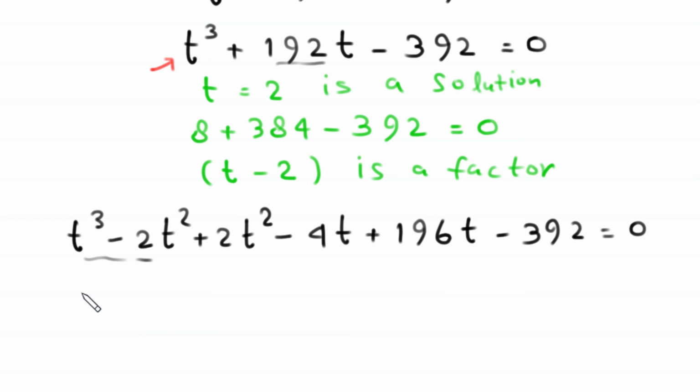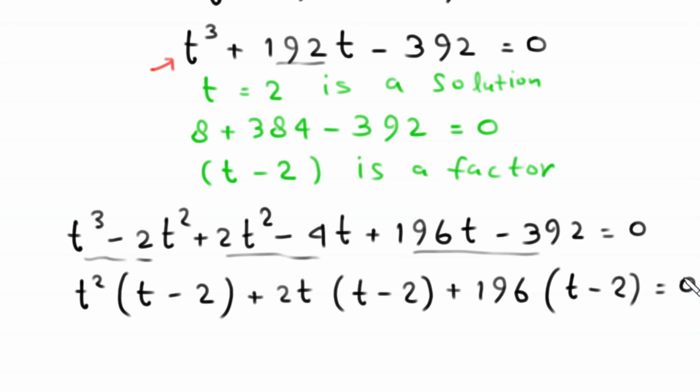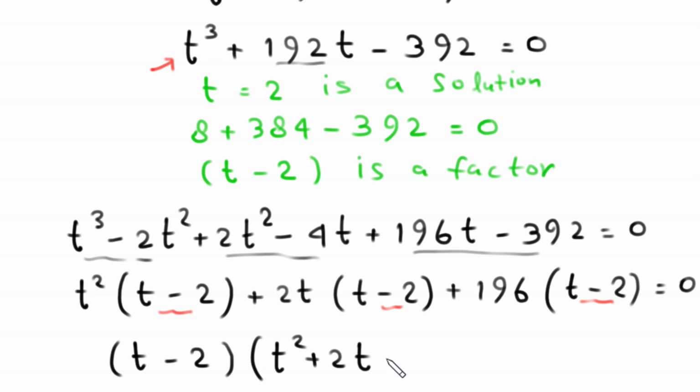From these two terms we can factor out t squared, in bracket t minus 2, and from these two terms we can factor out plus 2 times t, in bracket t minus 2, and from these two terms we can factor out plus 196, in bracket t minus 2 equal to 0. As you can see, this expression t minus 2 is a common factor, so we factor out this t minus 2, and in bracket t squared plus 2 times t plus 196 equal to 0.